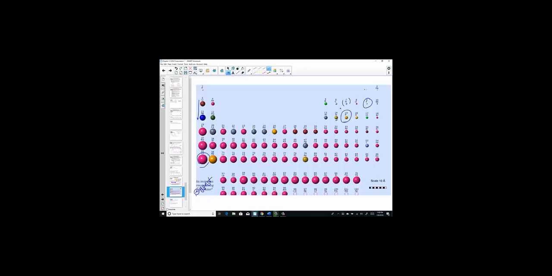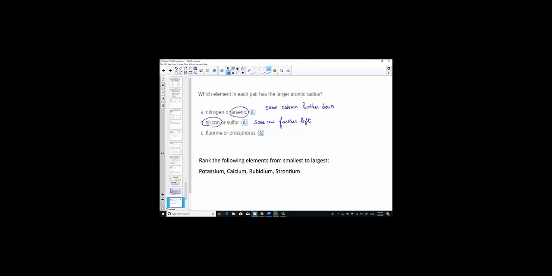It's further down and further left. So two reasons. Phosphorus is bigger. And of course, I'm remembering fluorine is the smallest nonmetal. So always say this is going to be smallest, and you're comparing everything else to it.